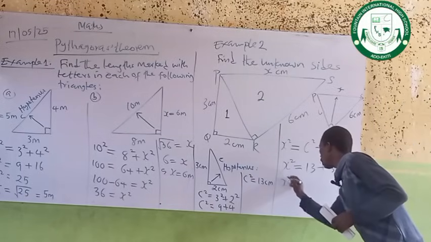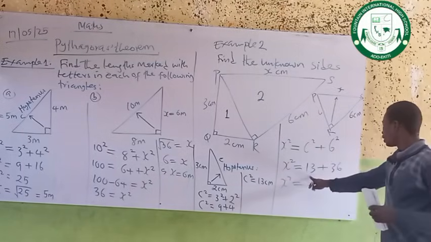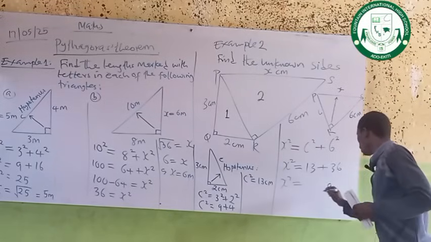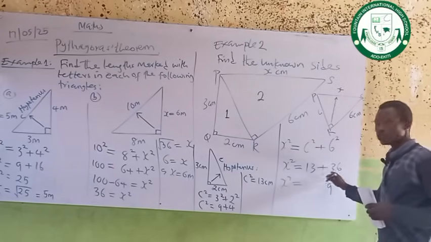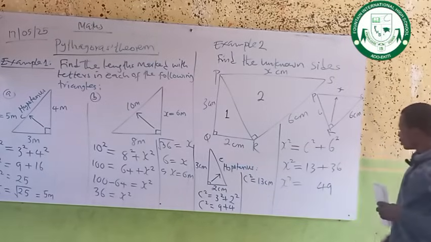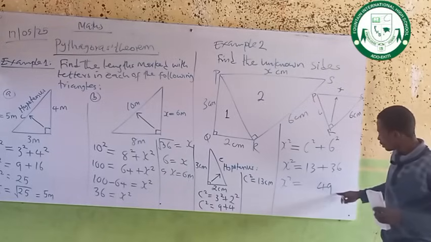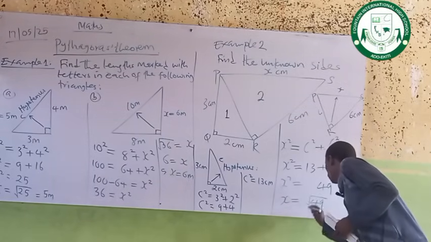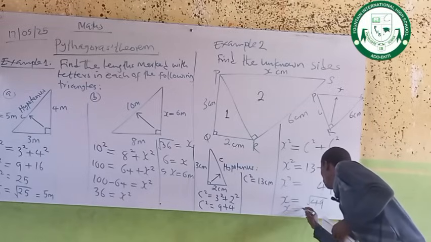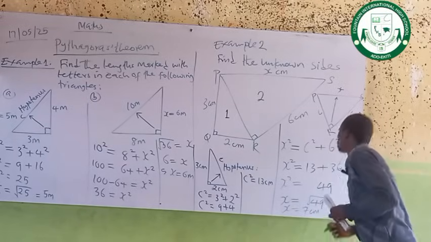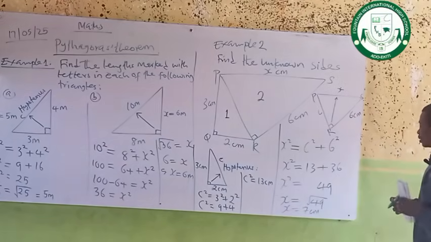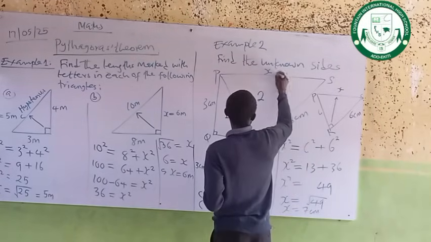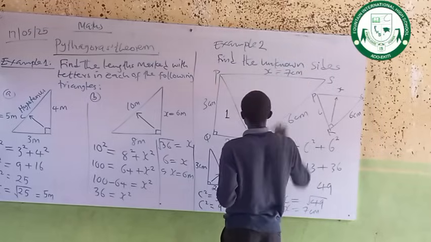So we have x squared equals, when you add 13 to 36, 3 plus 6, you have 9. 1 plus 3, you have 4. You have 49. So you get the square root of both sides. You have x to be equal to the square root of 49. You have x to be equal to 7 centimeter. So that is it. The value of x is 7 centimeter.